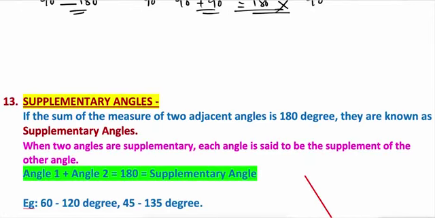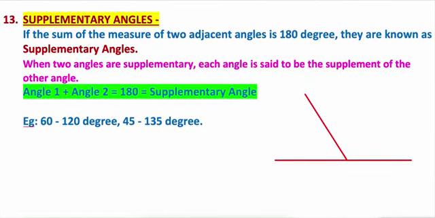Now let's see supplementary angles. If the sum of the measures of two adjacent angles is 180 degrees, they are known as supplementary angles. Suppose this is angle ABC and angle CBD.